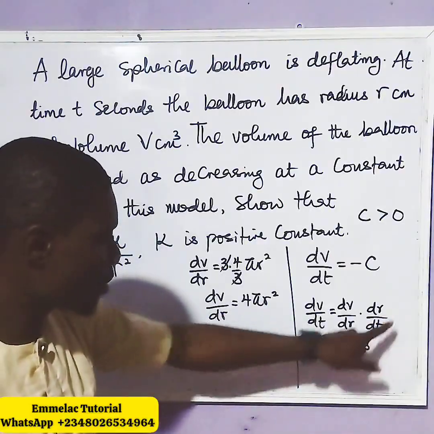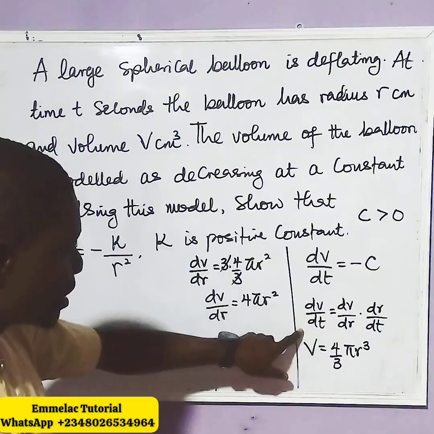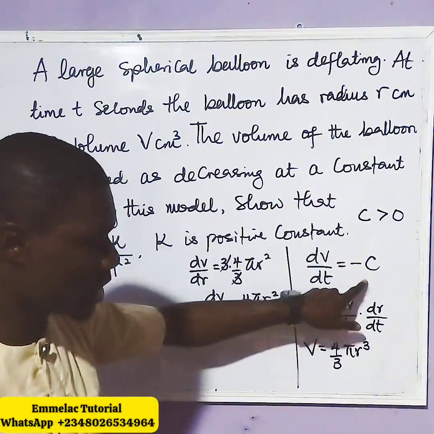And we know that dV/dt equals negative c, right?